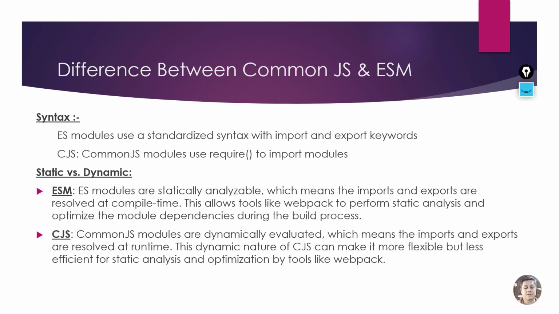And how is CJS different? It is dynamically evaluated, which means imports and exports are resolved at runtime. The dynamic nature of CJS can make it more flexible but less efficient for static analysis.